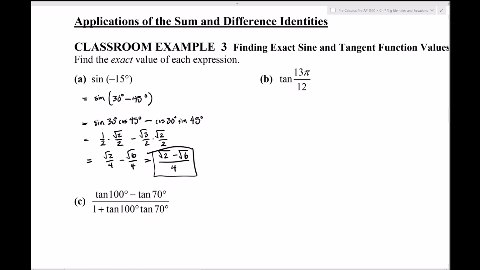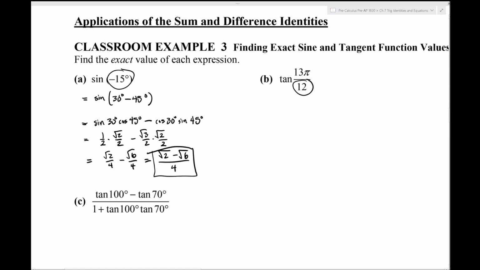So the sines and cosines are pretty easy if you can get a 15-degree analog, something that's related to 15 degrees some way, somehow. Like 75 is a 15-degree analog. You would subtract 15 from 90, you get 75. So they're very related. If you look at letter B, 13 pi over 12, a 15-degree angle is the same thing as a pi over 12 angle.